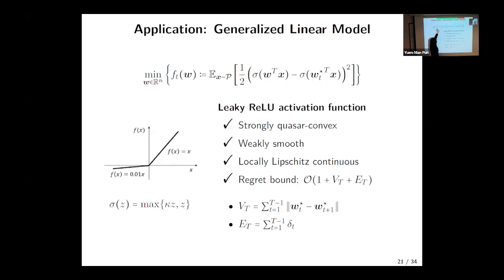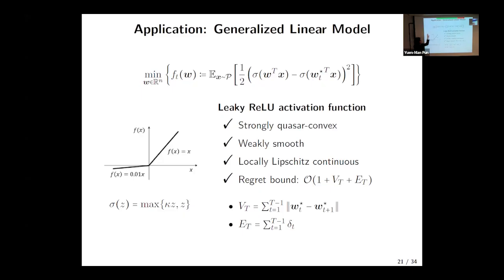We want to find the W that best fits the input to the output. In the online time-varying setting, we assume that the ground truth varies, and we use online algorithms to solve it.